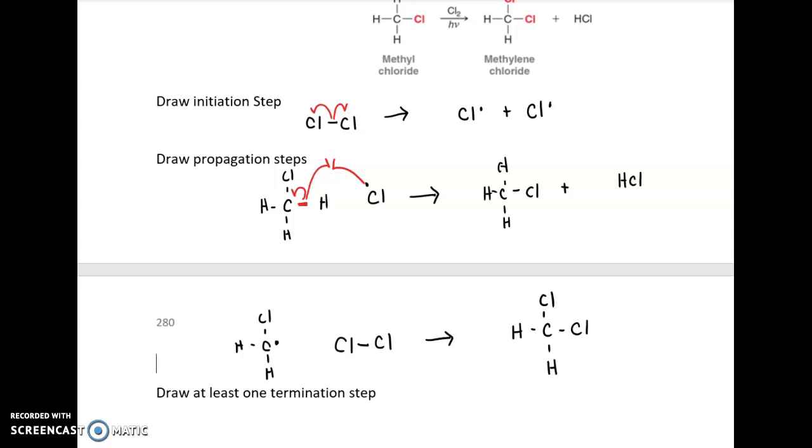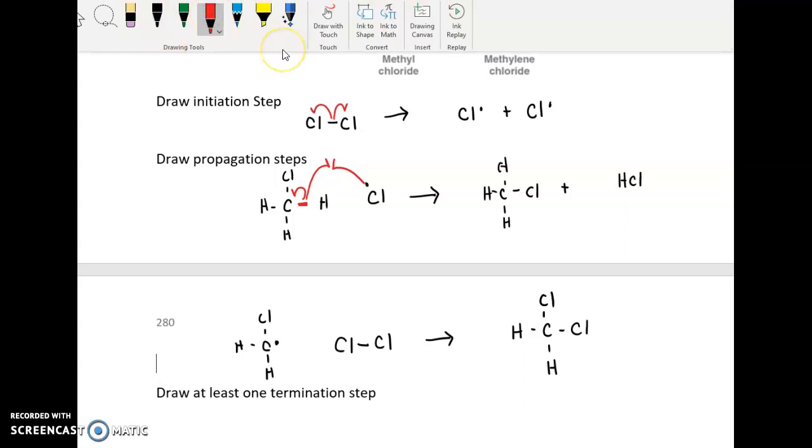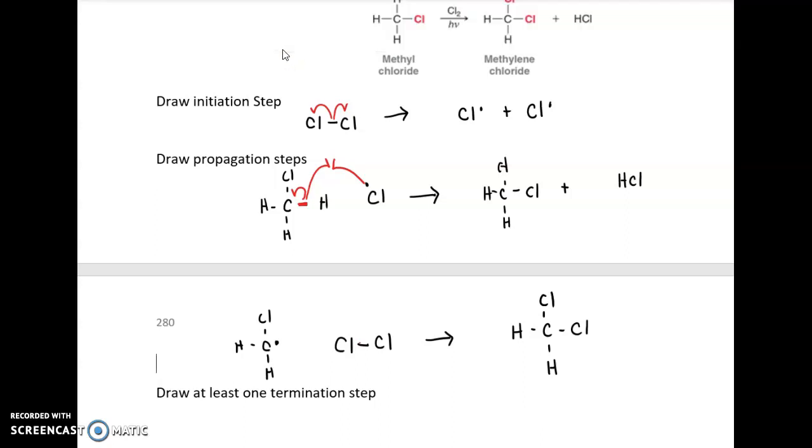So up to this bond here, one of these electrons is going to go that way, and the other is going to make a new bond. There's the other half of that new bond, and there's the new bond. And we've also regenerated our chlorine radical so we can go on and complete the process again.